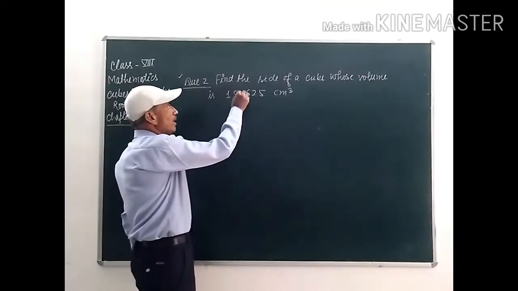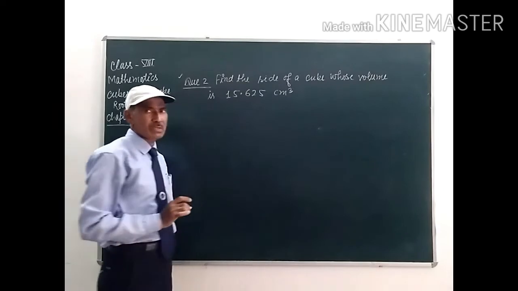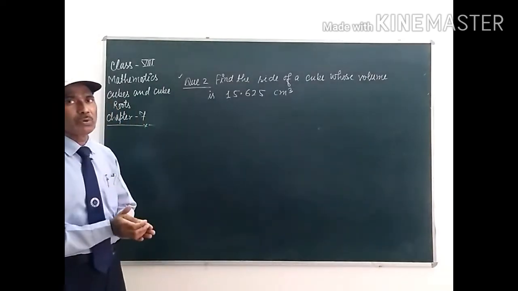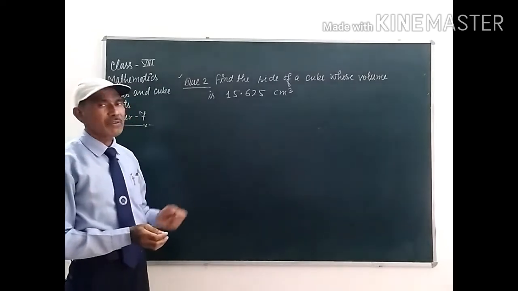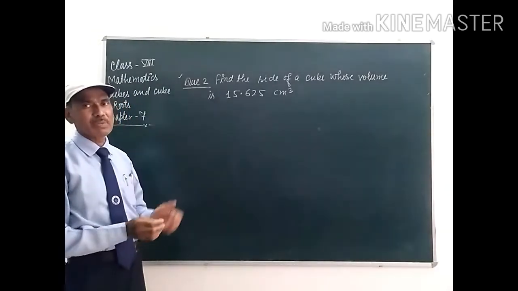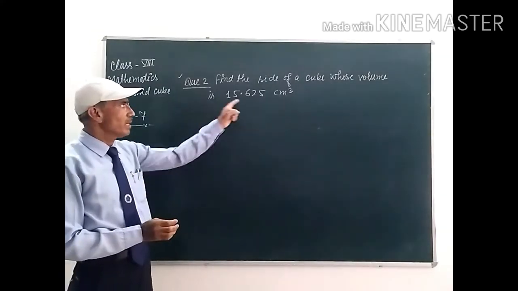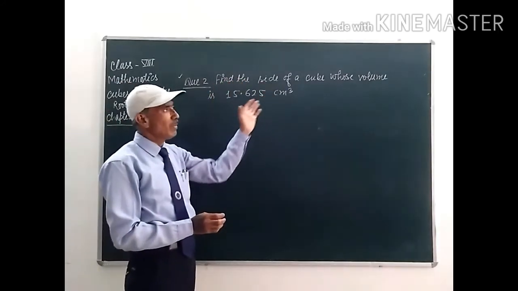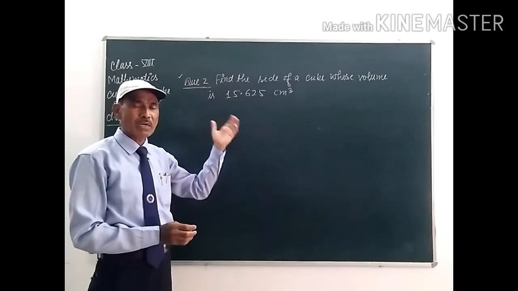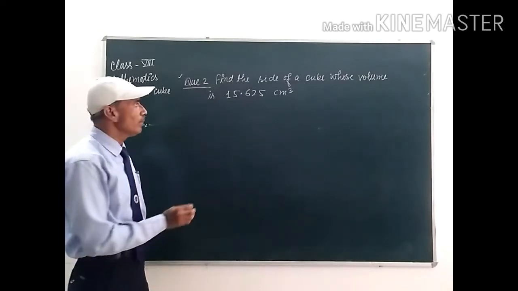This question is not related to your syllabus, but you have to know how we can find out the cube root of a number that is in decimal, okay. This number is a perfect cube number, okay. This is the volume of a cube and you have to find out the side, okay.